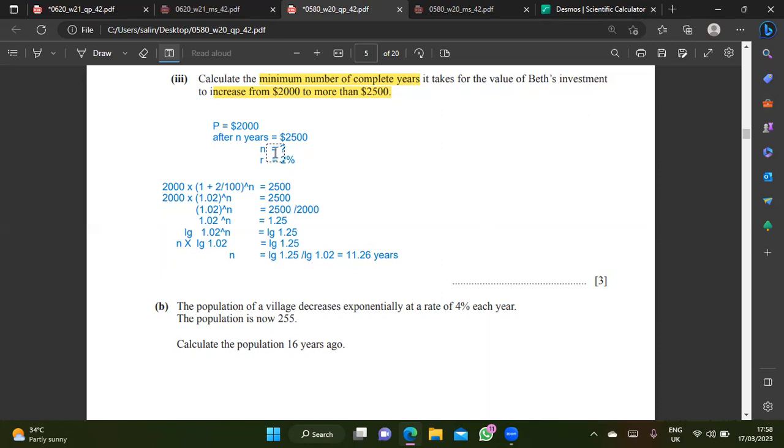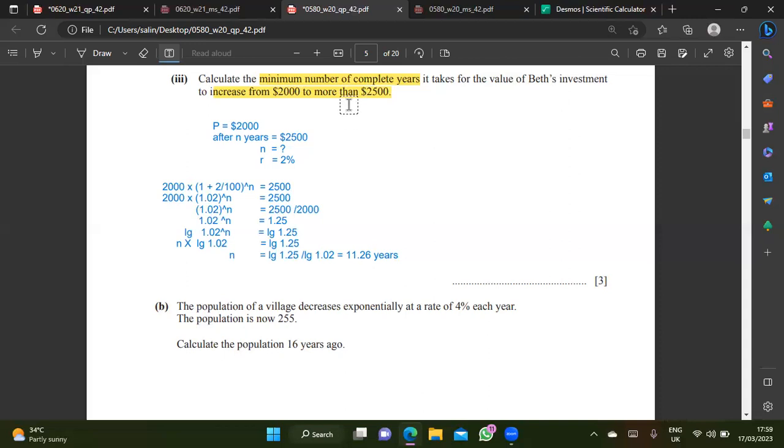What do they want actually? Calculate the minimum number of complete years it takes for the value of her investment to increase from 2000, what's the keyword, to more than 2500. If she wants her investment to become 2500, it will take her 11.2 years at least.